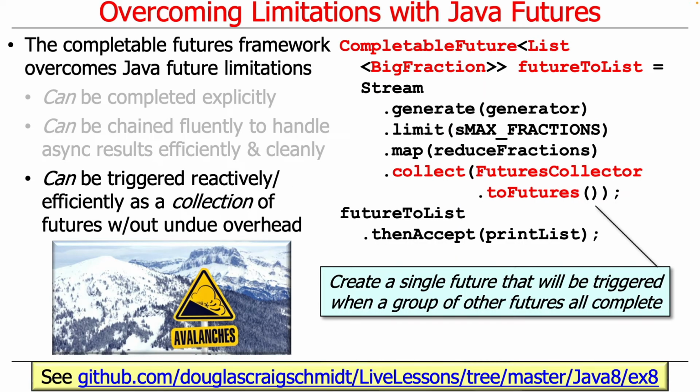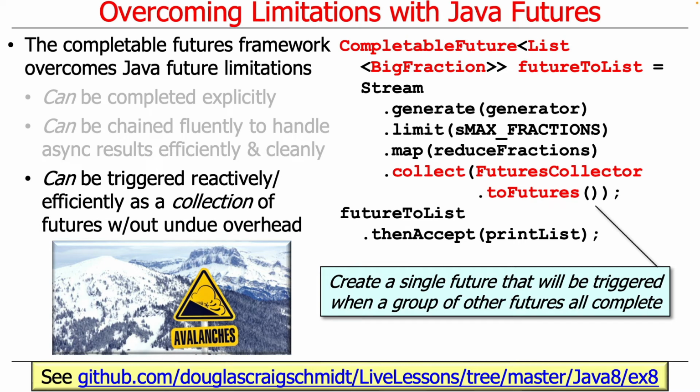Another nice thing you can do, very, very powerful, very cool, is you can have one completable future triggered efficiently when a collection of completable futures finish, without a lot of extra programming complexity, without a lot of extra overhead. So these are triggers, just like you trigger an avalanche. So we'll take a look at this example later as well. This example is kind of fun. It creates a stream of completable futures up to some number, like 100.